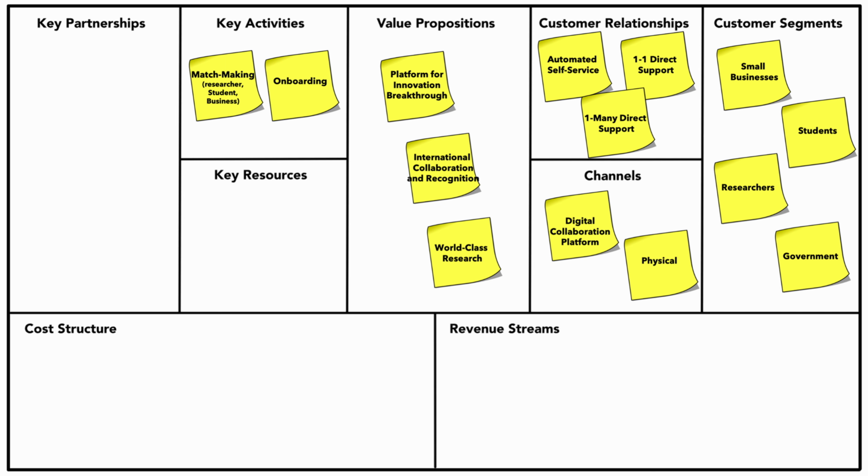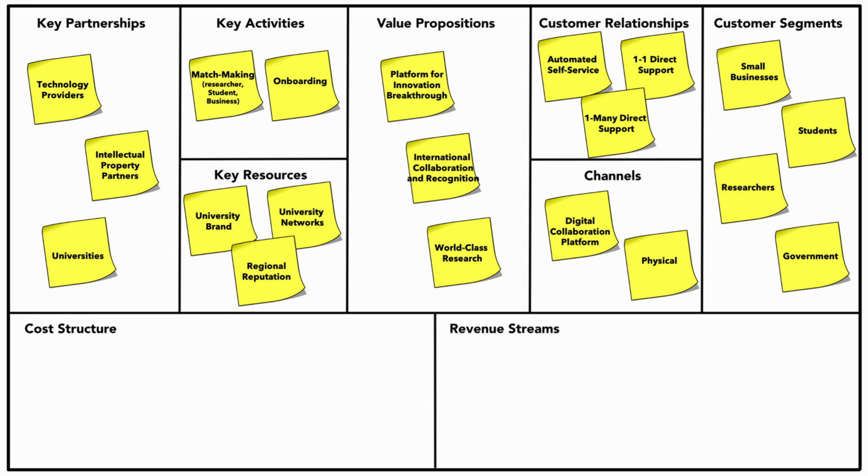Next, we identified the key activities needed for success, and the two most important ones were matchmaking, that is matching the researchers, students, entrepreneurs and businesses, and onboarding. The key resources were the university brand, university networks and reputation of the region, and the key partnerships were with technology providers, intellectual property partners, and with other universities.